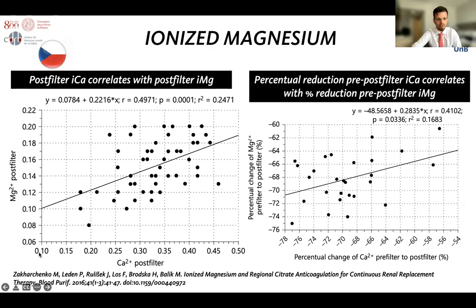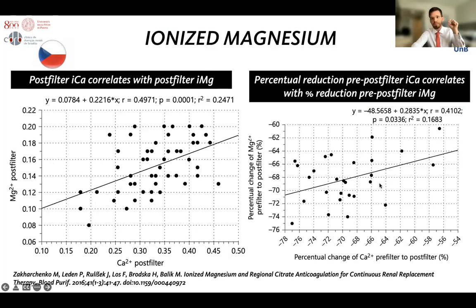So here on the y-axis, we have the concentration of post-filter ionized calcium. Usually the adequate range to block the coagulation cascade is below 0.4, and we work in the range of 0.2 to 0.4. It was proved that there is a linear correlation between post-filter ionized calcium and ionized magnesium.